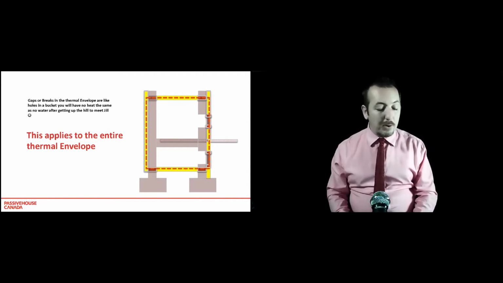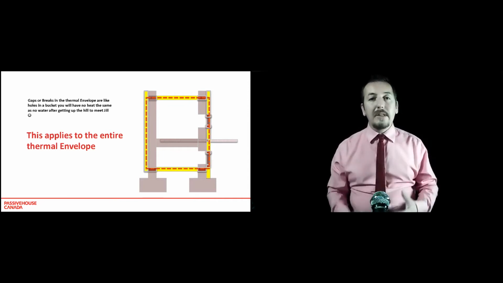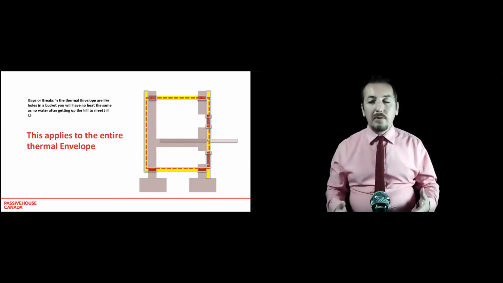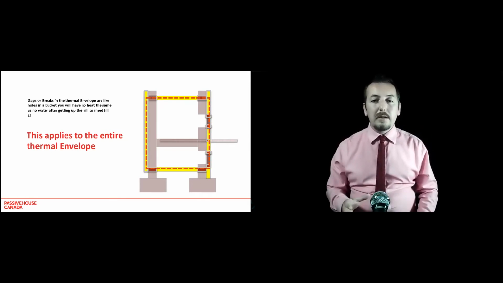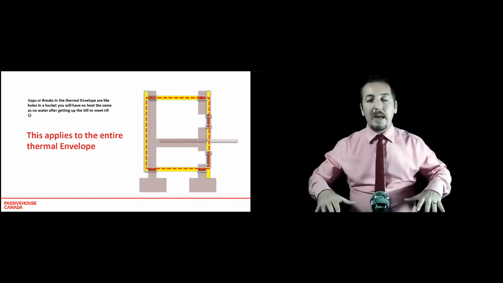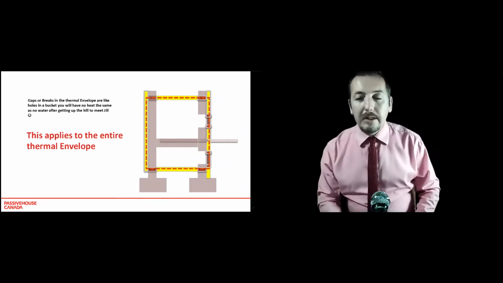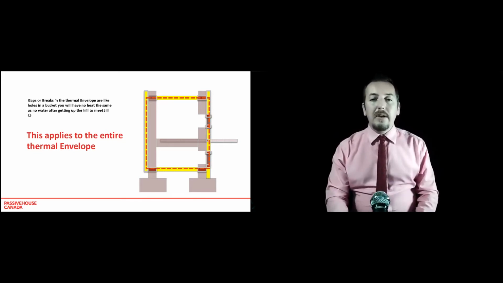And I have had so many experiences where I visited projects and there was a thermal bridge discovered where it wasn't implemented correctly, and we've mitigated the thermal bridges, and all of a sudden the house stabilizes and holds its heat for much longer. So it's vital that we get this right at the start.